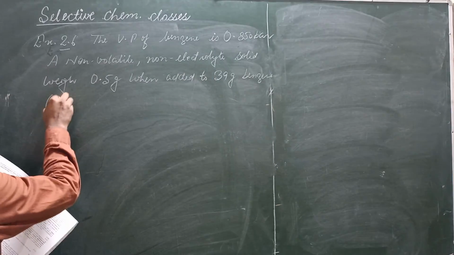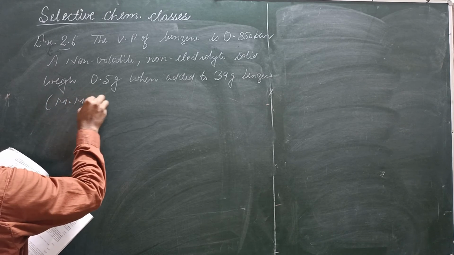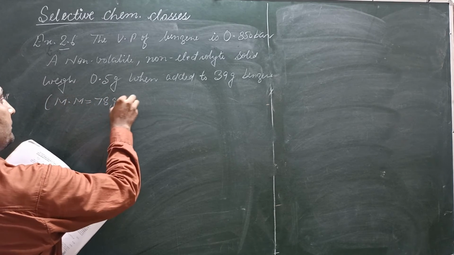The molar mass of benzene is given as 78 gram per mole.